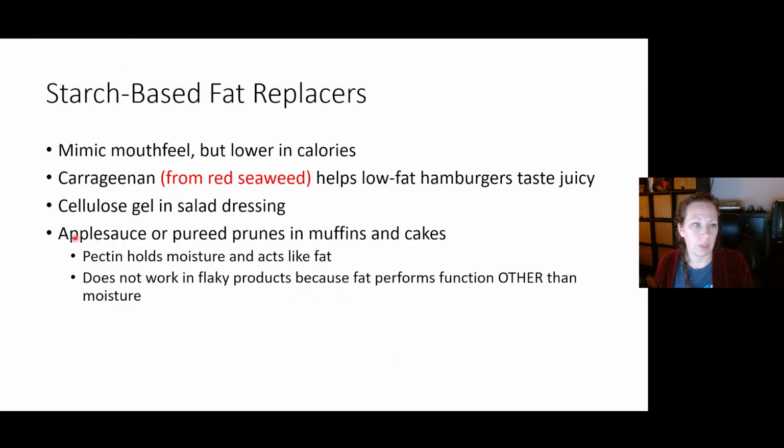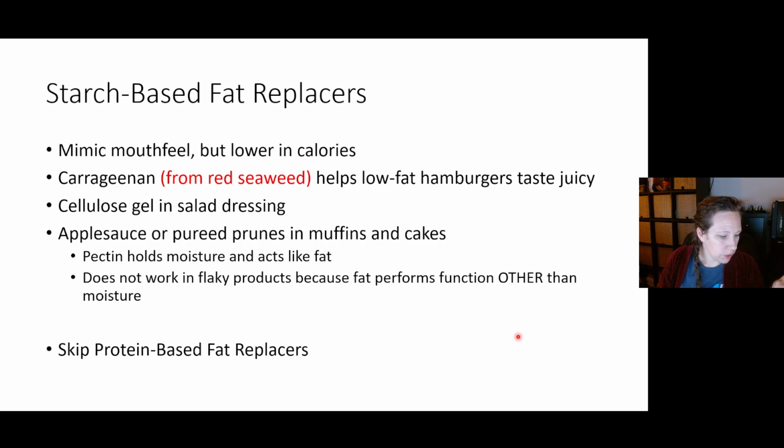Now, the applesauce and prunes would not work in flaky products because the fat in these performs a function other than moisture. So in flaky products, you have the crispness, you have the separation of the layers that the fat achieves, and that would not happen with the applesauce or prunes.